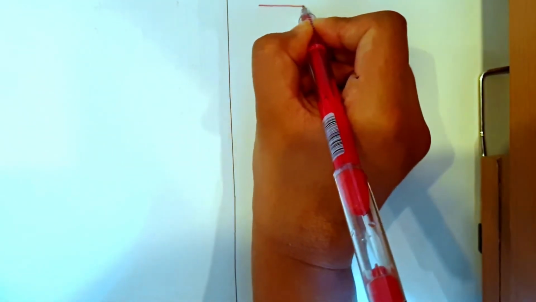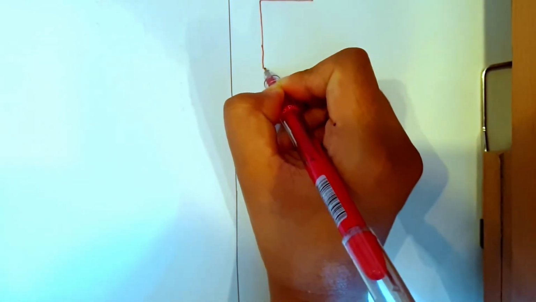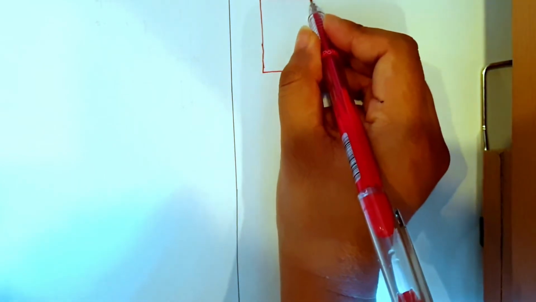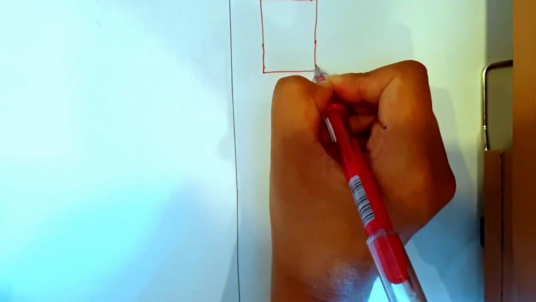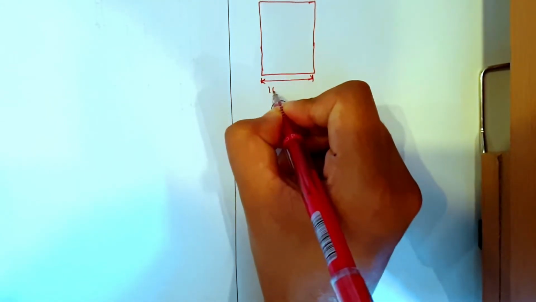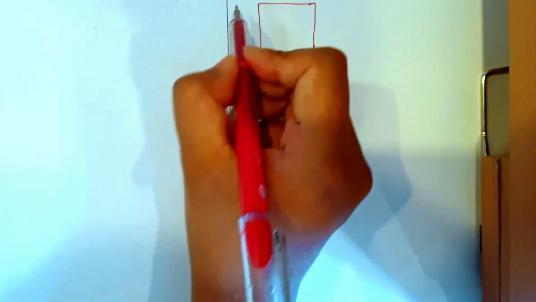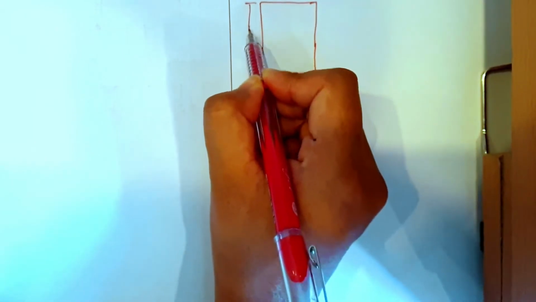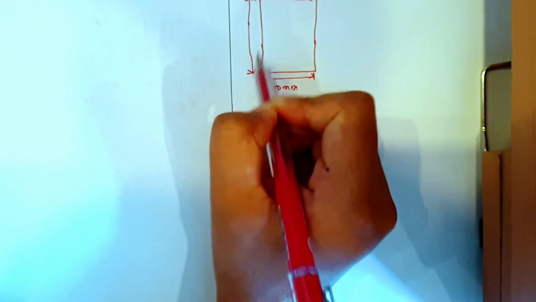In this question, a beam of cross section 100 mm into 200 mm is given, right? So 100 mm is its width, and 200 mm depth. So its width is 100 mm and its depth is given equal to 200 mm.